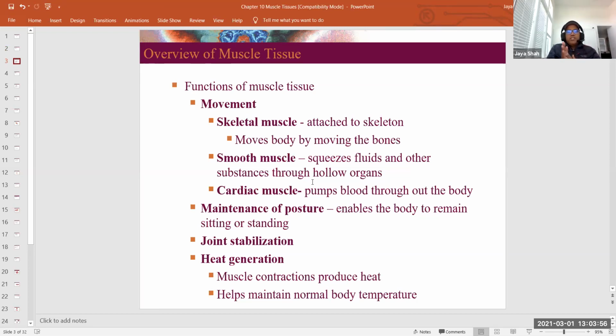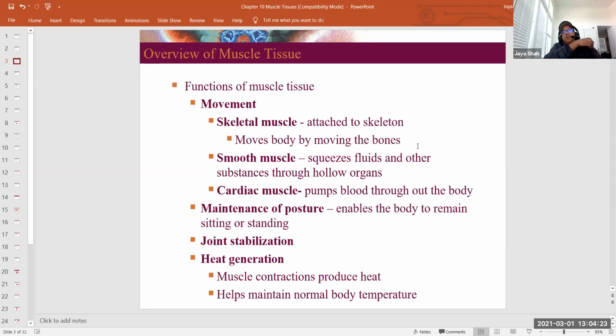Overview of muscle tissue means what are the main functions of muscle tissue. The first function of the muscle tissue is movement. So skeletal muscle is attached to skeleton or bones, which when it contracts moves the body by moving the bones. So let's see, we have a biceps muscle in our arm and this muscle crosses the joint.